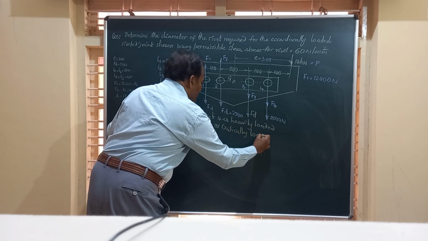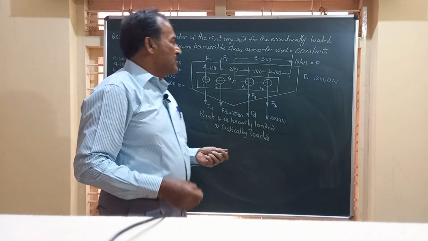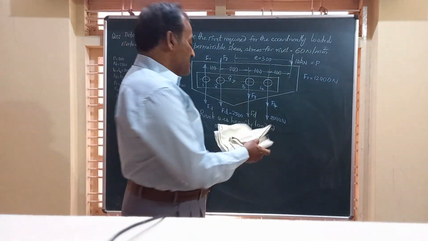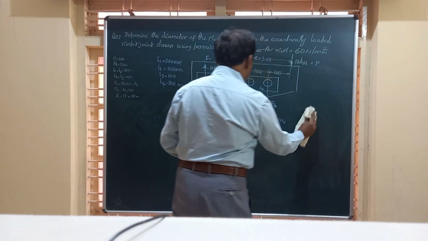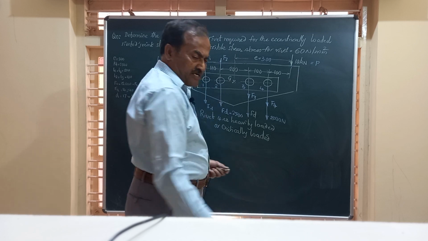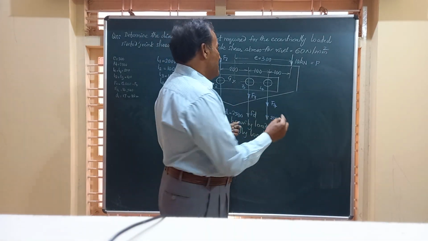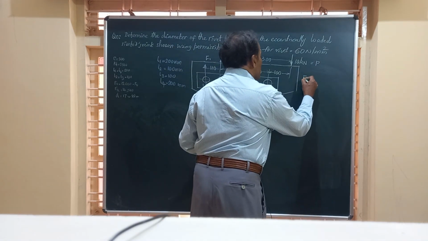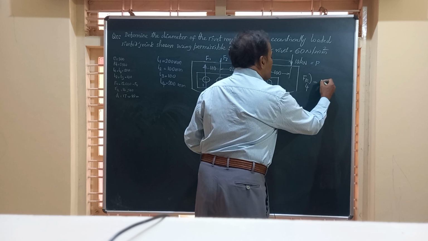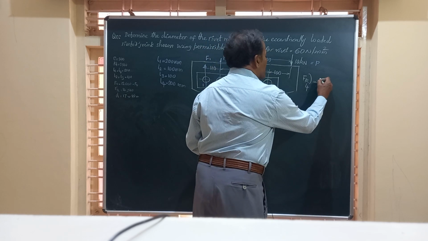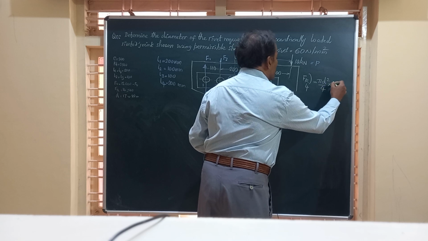And after finding out this resultant load, friends, you will have to find out what is the size of the rivet required. Friends, we are going to equate this resultant load to the shear strength of the rivet. So I am going to equate F4, the resultant load, to the shear strength of that rivet, so pi d square by 4 into tau.